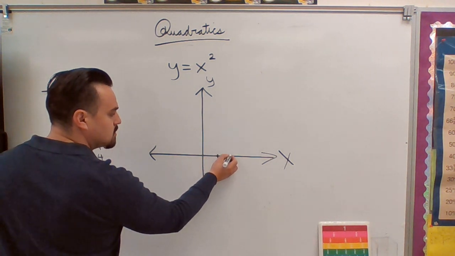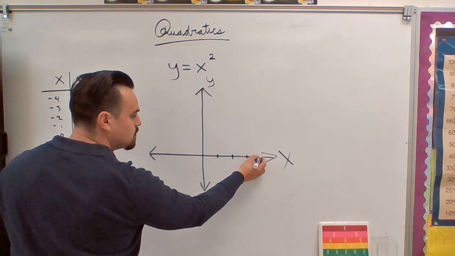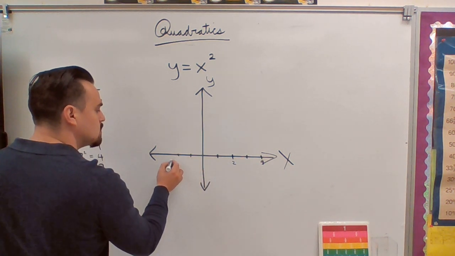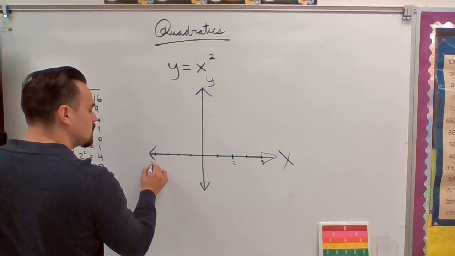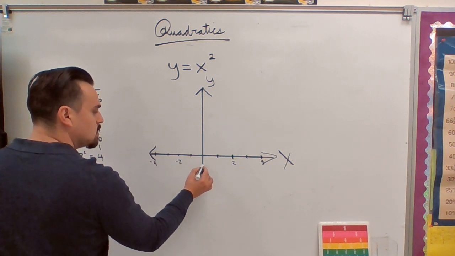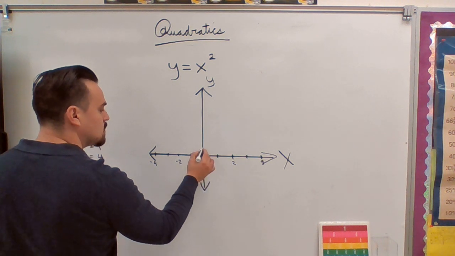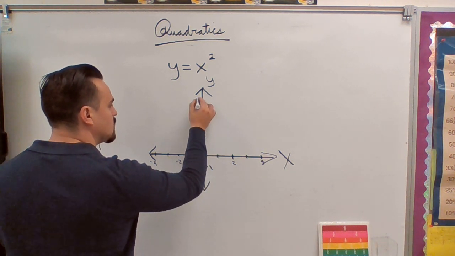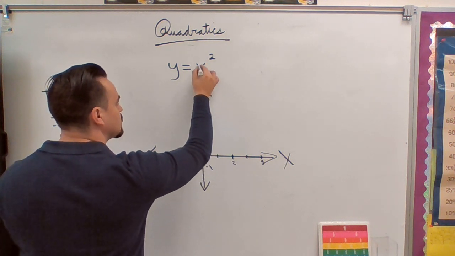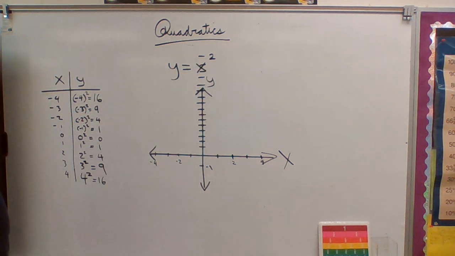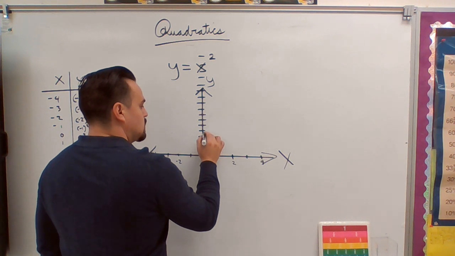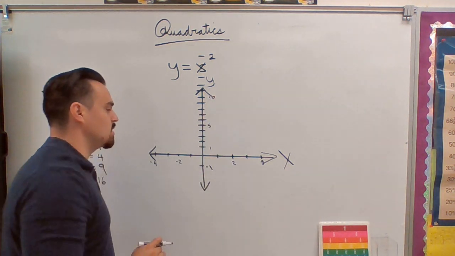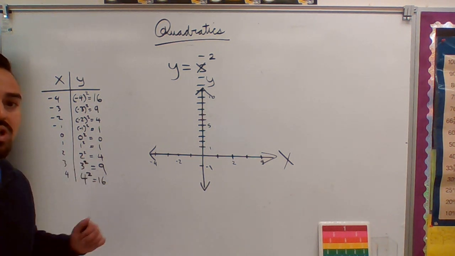So 1, 2, 3, 4. -1, 2, 3, 4. And on the y-axis, 1, 2, 3, up through 16. Okay. We got our axes labeled. Let's plug these points in.